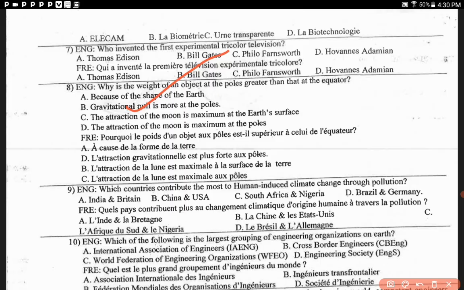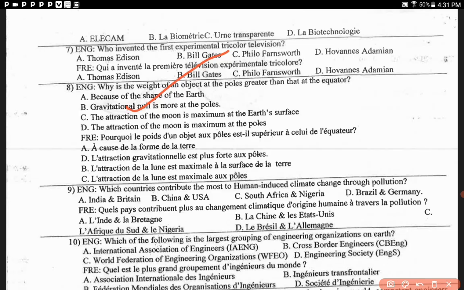Now let me explain why the gravitational pull is greater at the pole than at the equator. Number 1, because of the shape of the earth. Someone could come and take A. A is slightly correct, but not very correct. The earth has a spherical shape, or an oblate spheroid shape.